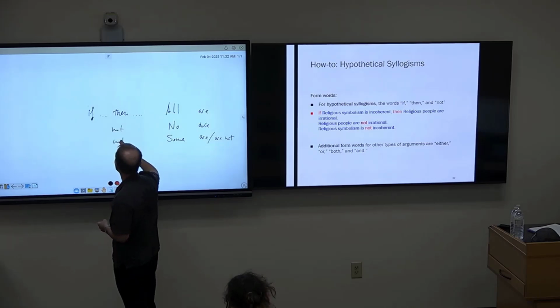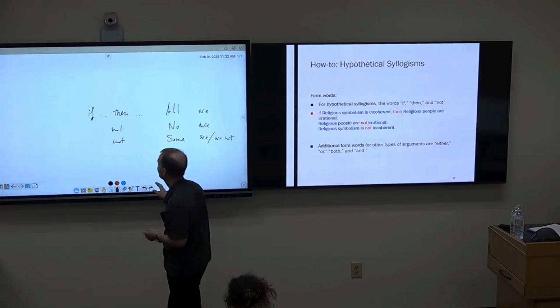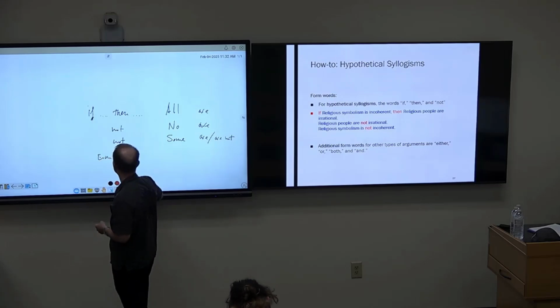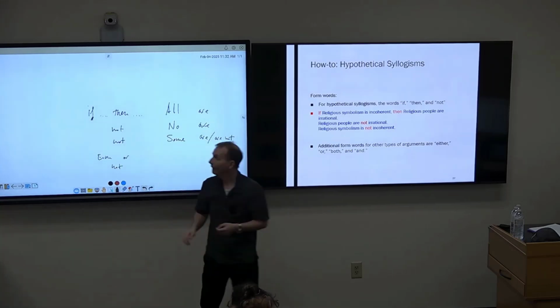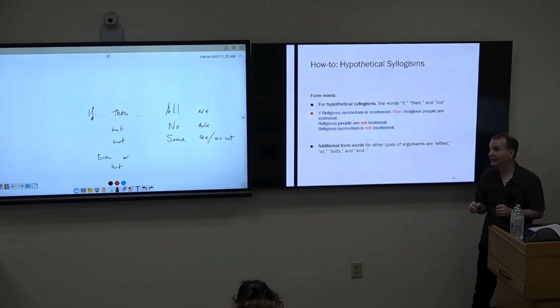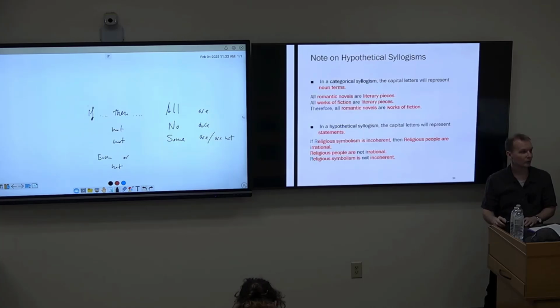No. So that's again form words. Keep them tagged where they are. If you have disjunctive, it will be either, or, and then not. You keep this. Everything else, again, you will need to replace with something else. So let's see a couple of examples.